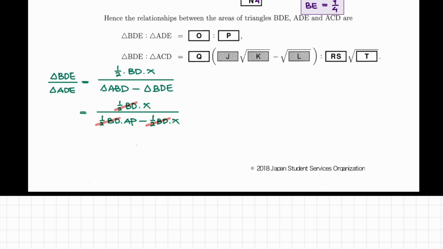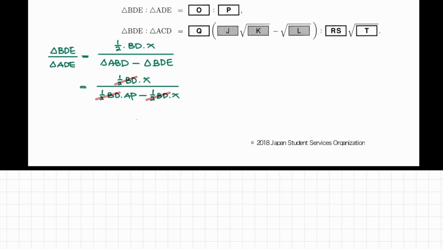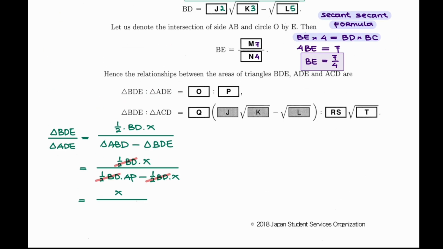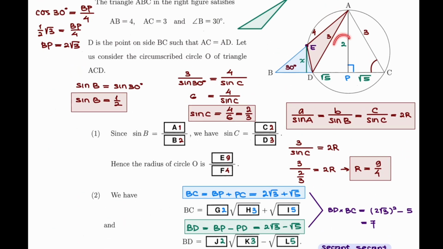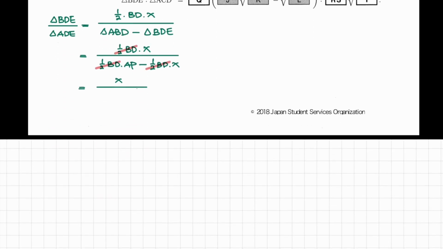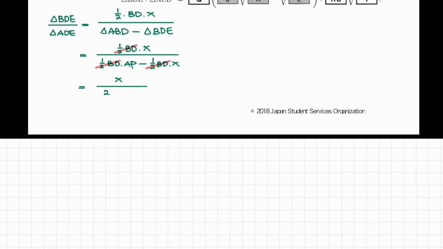So the ratio of area BDE over ADE is x over AB minus x, I mean 2 minus x. So x over 2 minus x. Of course, we can find the ratio of the area if we know the value of x.